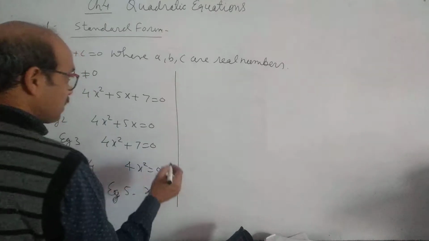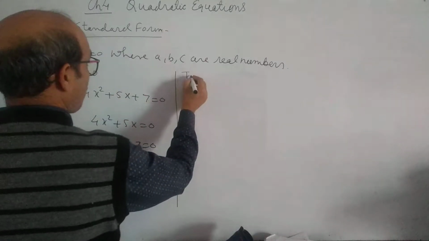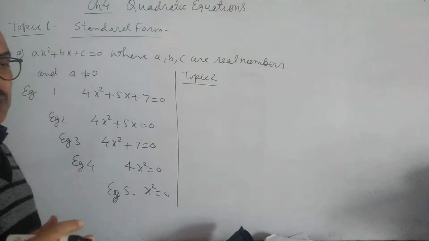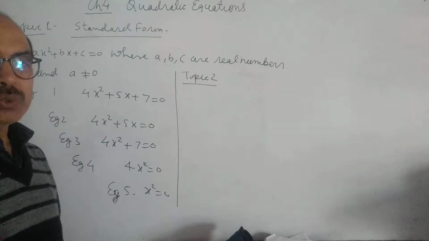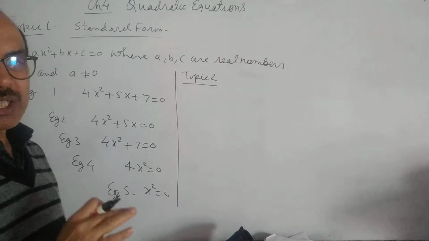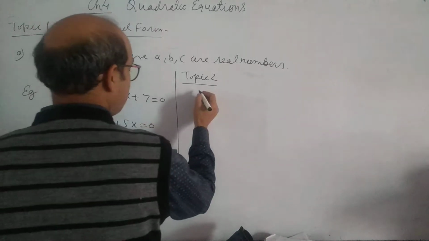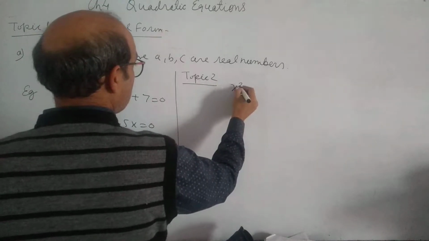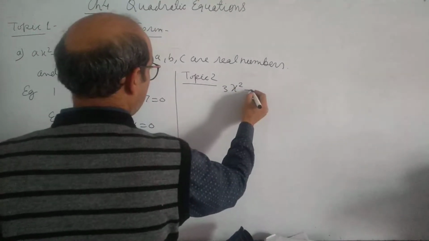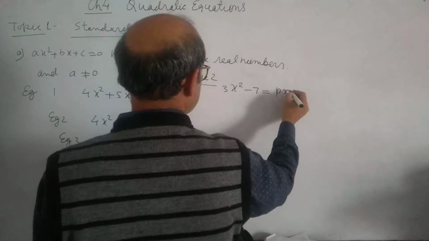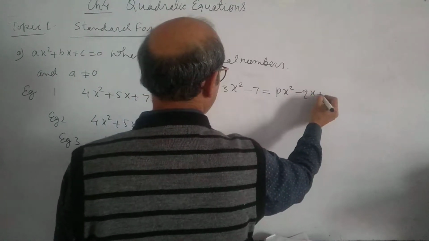Now topic number 2 is converting the given equation into standard form and finding the values of a, b and c. Like 3x square minus 7 is equal to px square minus qx plus r.